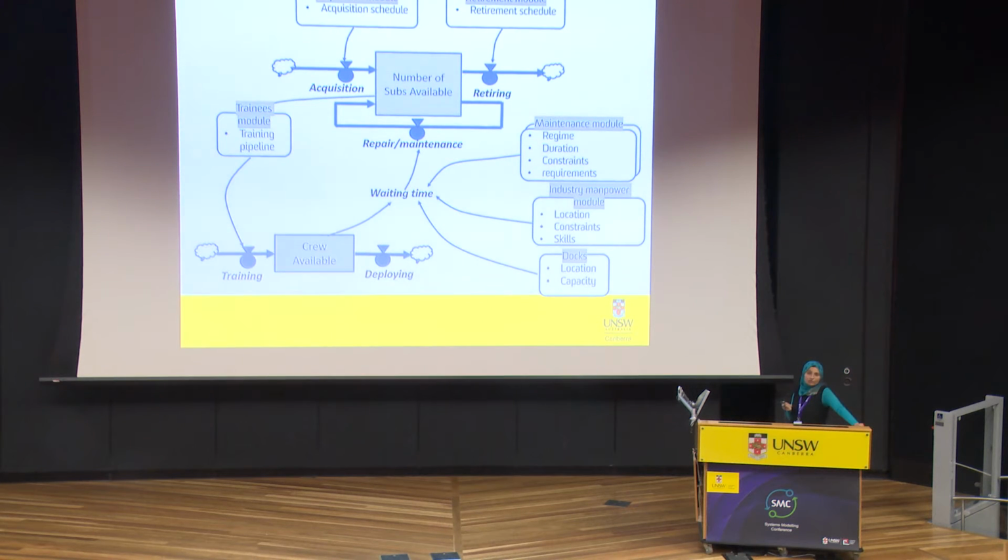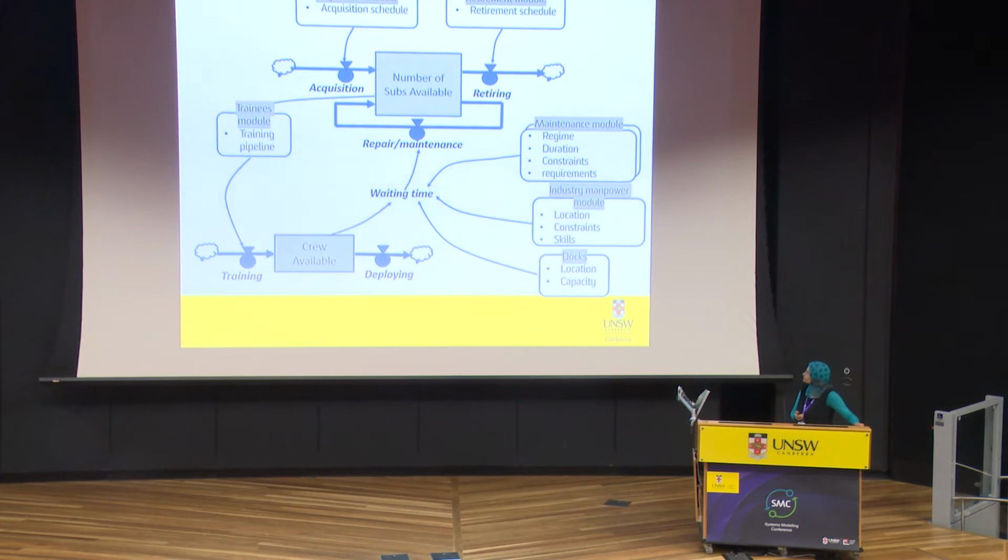And we give the end user the ability to build up different maintenance regimes, for example, condition-based, calendar-based, different duration, different constraints on the maintenance cycle, different requirements and effects on the fleet. So this allows the end user to test how different maintenance regimes influence the rate by which the subs come back to work.